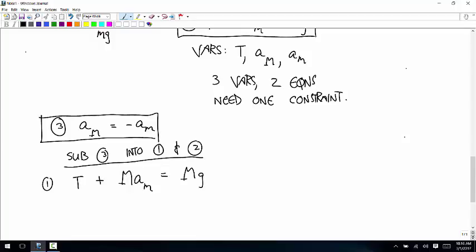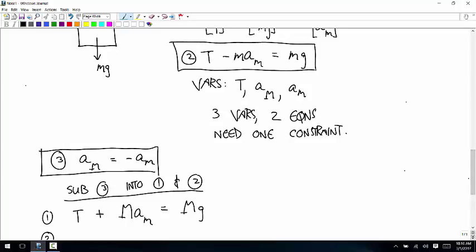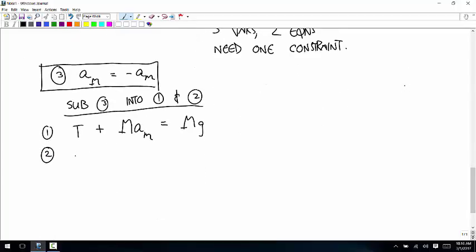But yeah, big M is in there. But that's a constant. That's not a variable. The second equation says T minus little m times A_m is equal to little mg.